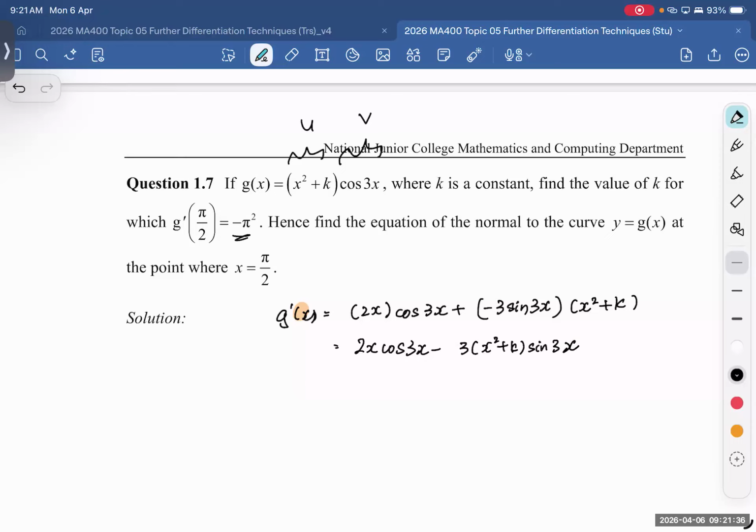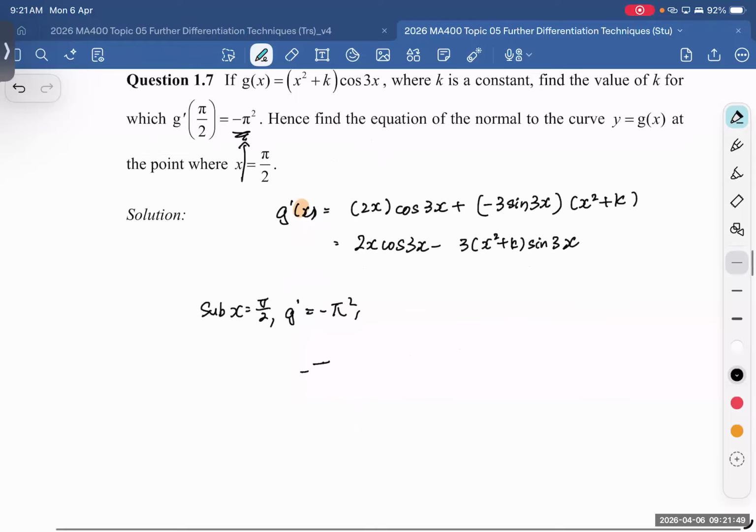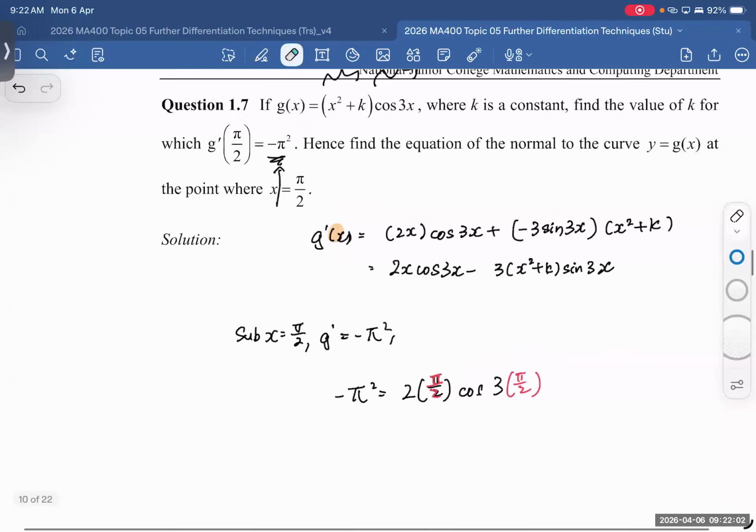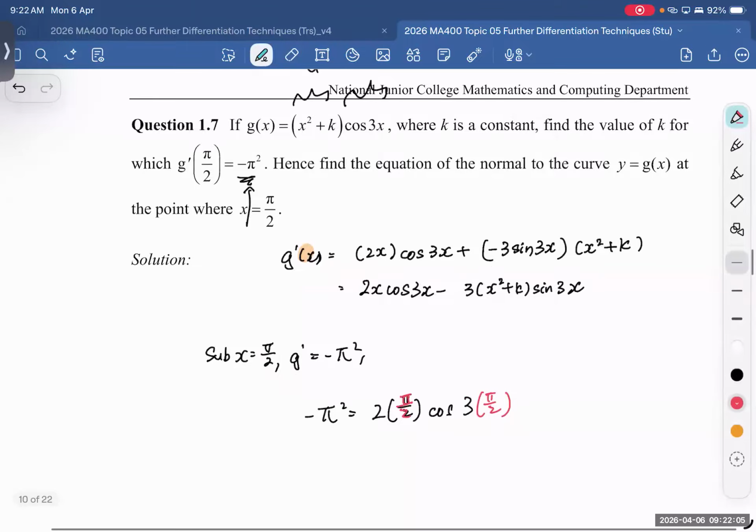Now, you know that g prime is negative pi squared. So sub in x equals to pi over 2 and g prime equals to negative pi squared. There you go. You have negative pi squared equals to 2 times pi over 2 cosine 3 times pi over 2, subtract 3 pi squared over 4 plus k sine 3 pi over 2.